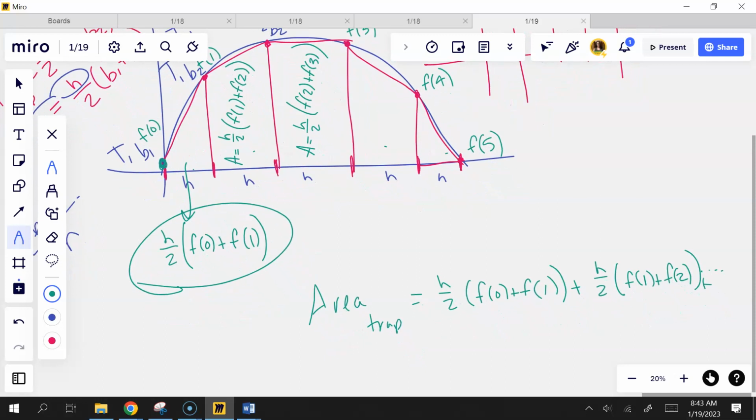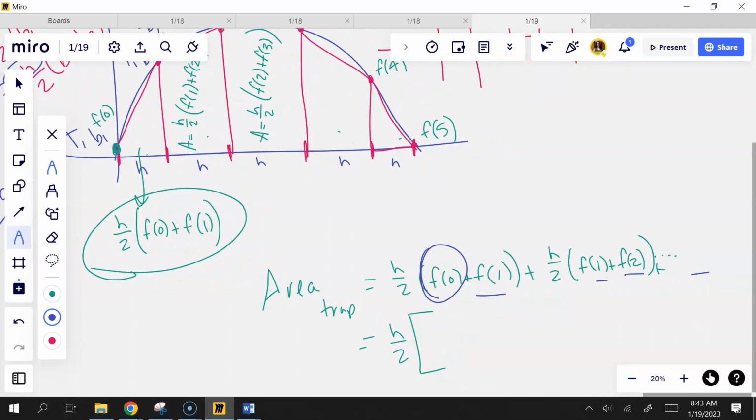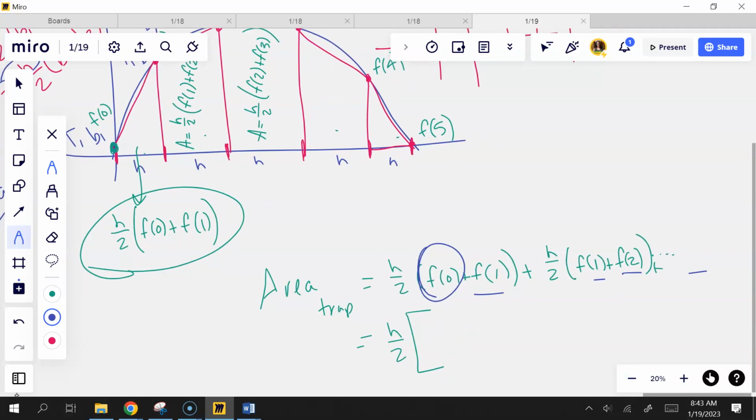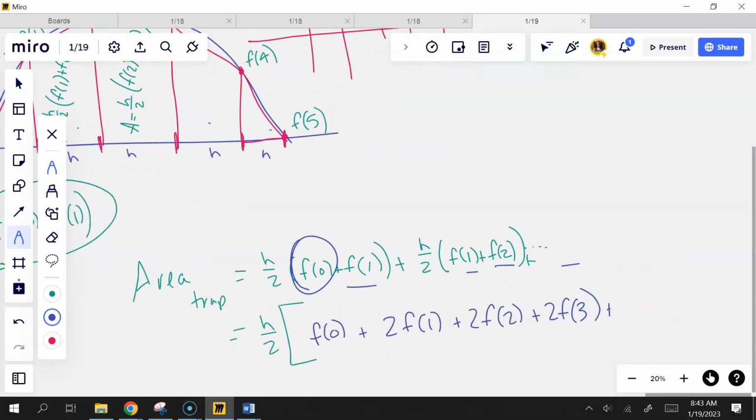Every one of them has this h over 2. So I can take that out of everybody, and look what I have: the first point, 2 of the second point, 2 of the next point. So I'll say f of 0, but then I need 2 f of 1, 2 f of 2, 2 f of 3, and I'm going to keep doing this.